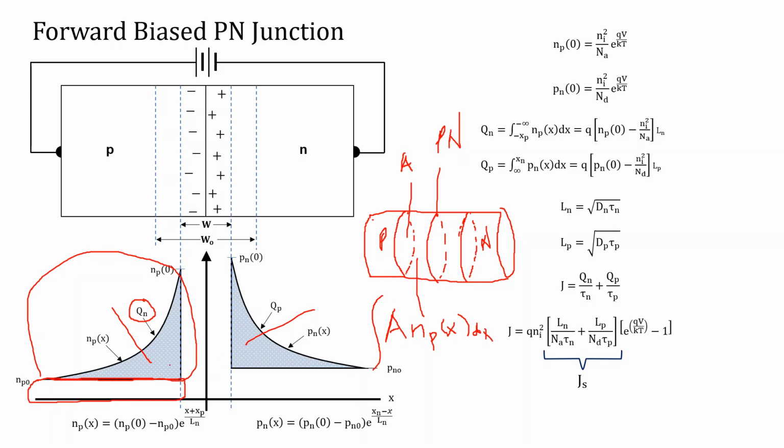So for the left hand side, we'll integrate it from minus xp to minus infinity. So this will give you the total charge stored due to the excess carrier minority electrons.